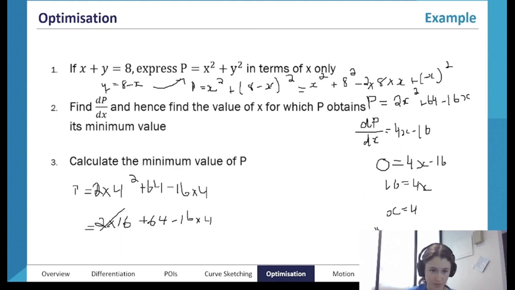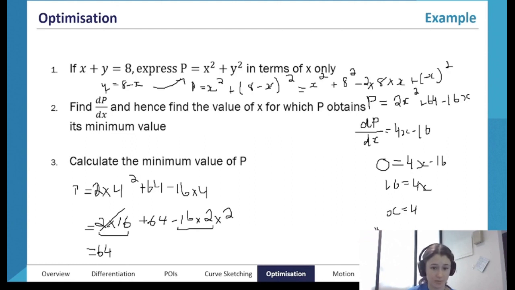So this is actually going to cancel out because 2 times 16 and negative 16 times 4 are actually like terms to an extent, because we have like 2 times 16 and then 16 times 4, which is the same as 16 times 2 times 2, right? Because 4 is just 2 times 2. And as you can see, these parts are like terms.